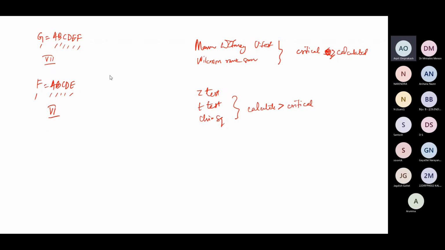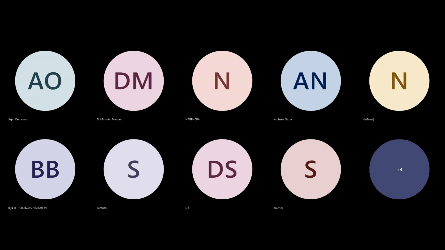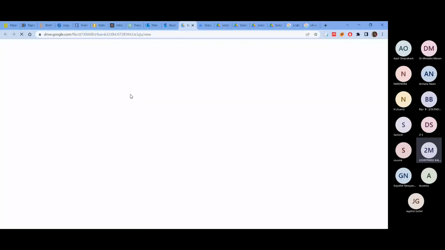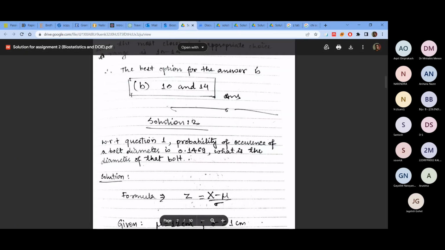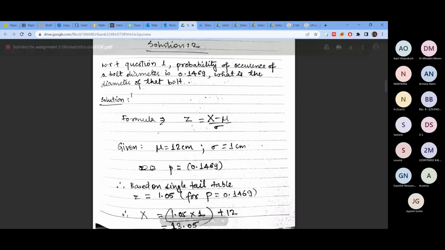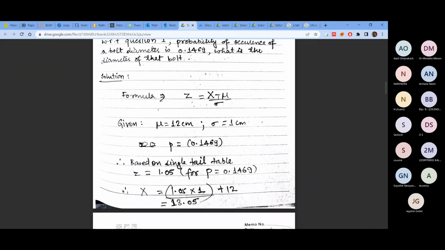Sir, for probability, how did they get the Z value 1.05?